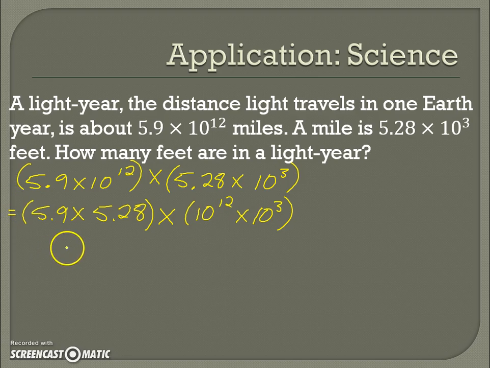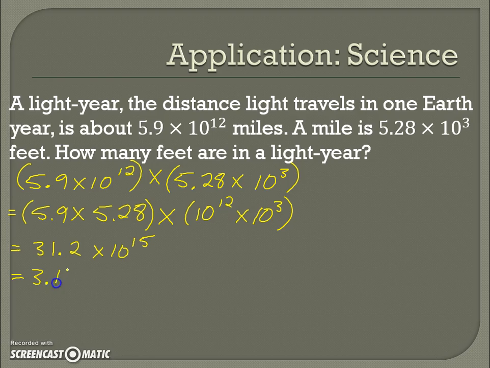And then from here, I multiply these two values, which I get 31.2, rounding to the nearest tenth, times 10 to the 15th. Then I have to convert that so that first number is between 1 and 10.